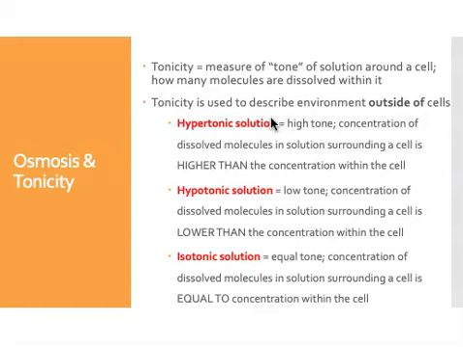So another thing that we can say is that the concentration of dissolved molecules in the solution surrounding a cell is higher than the concentration of that molecule inside the cell. That means the cell is sitting in a hypertonic solution.